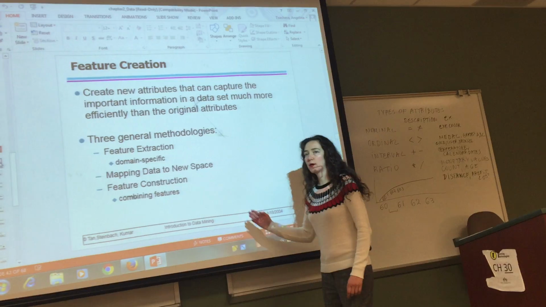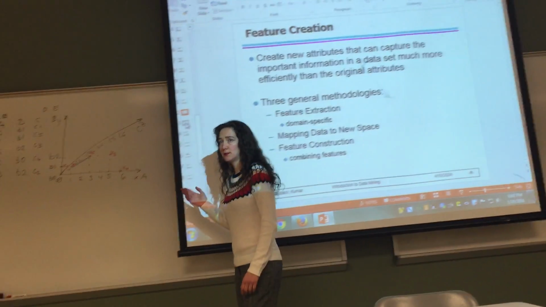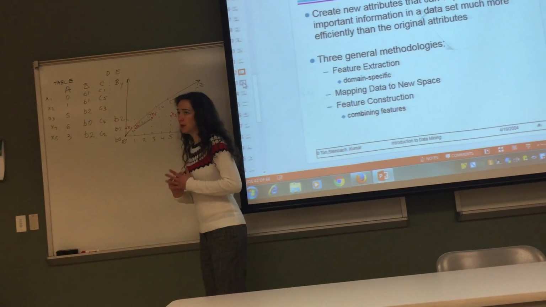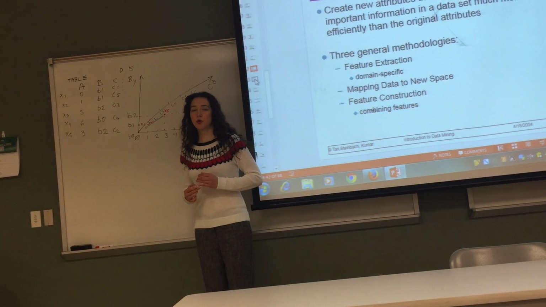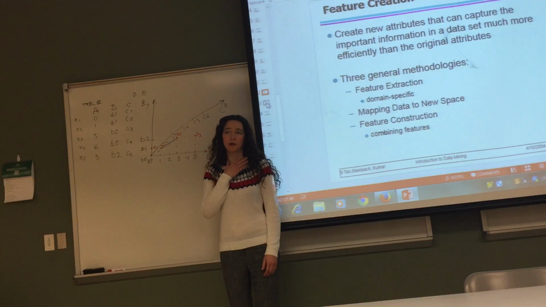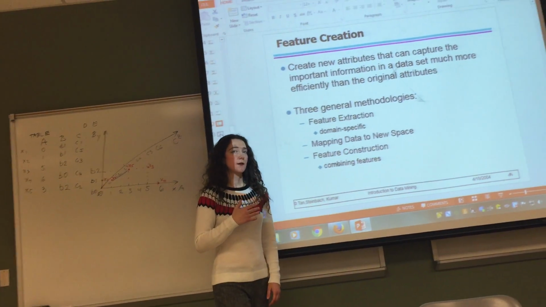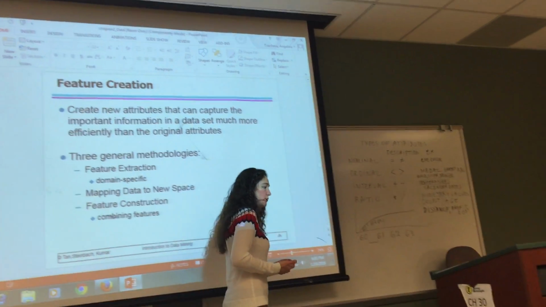But what we're doing right now is, before we do our analysis, we are cleaning up our data and preparing it for mining. So we are removing some of the attributes because we don't want to have the curse of dimensionality, and we want our algorithm to run faster and produce better results.